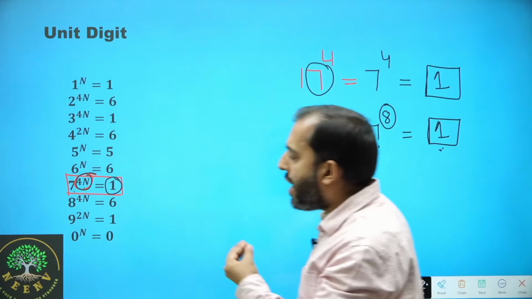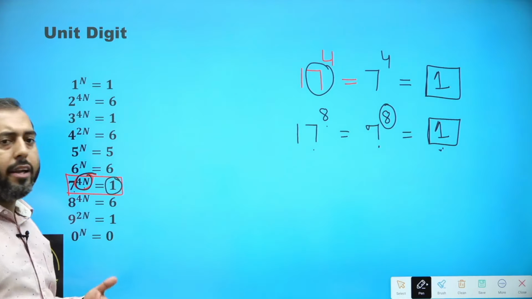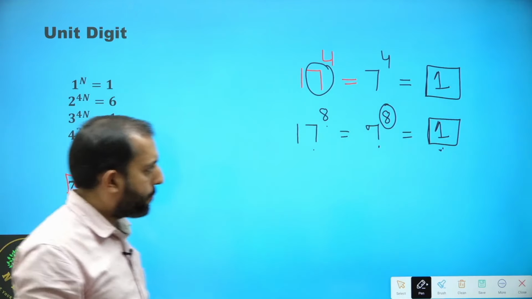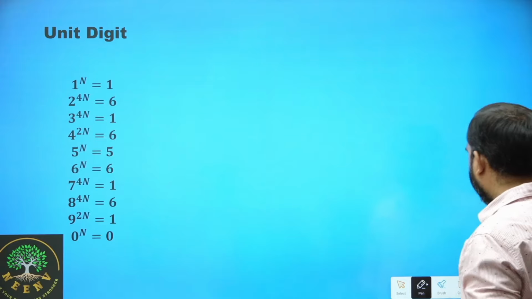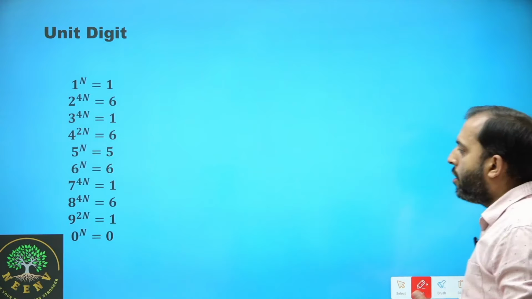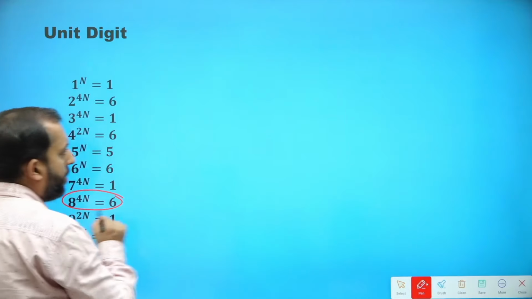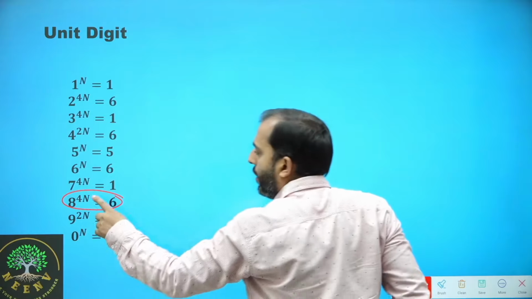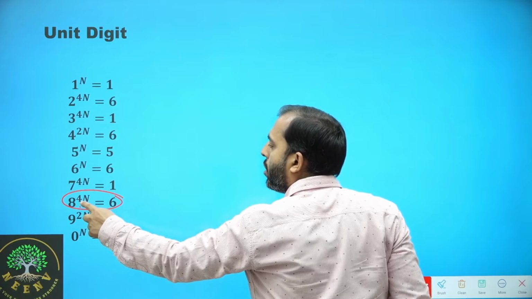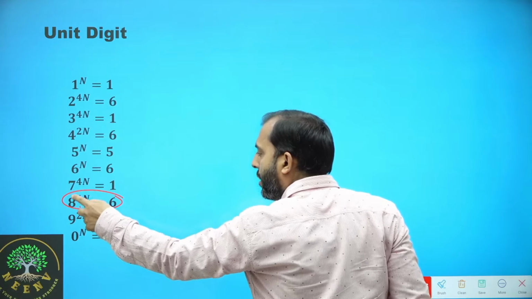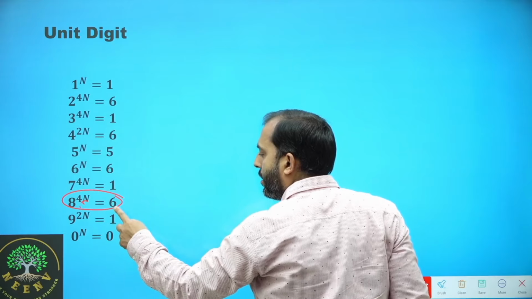Now, let's understand one more point over here, and then we'll move on to the question. Let's talk about this case. It means 8 power any multiple of 4, 4 into n, meaning a multiple of 4, will produce 6 as the unit digit in the result.